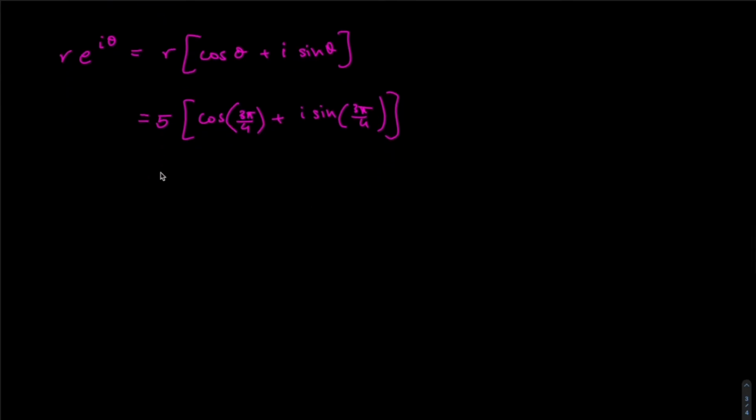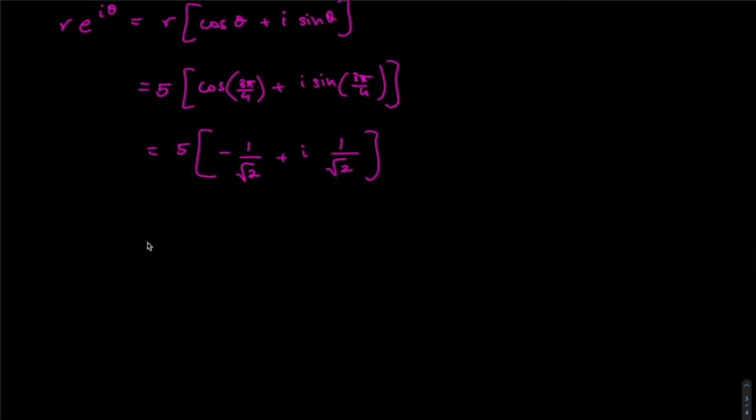Now let's just evaluate what we have. We're going to have 5, and cosine of 3 pi by 4. Well, 3 pi by 4 is in the second quadrant, and so cosine will be negative, so it's going to be -1 upon square root of 2. And i sine 3 pi by 4, well, sine is positive in the second quadrant, so it's plus 1 by root 2.